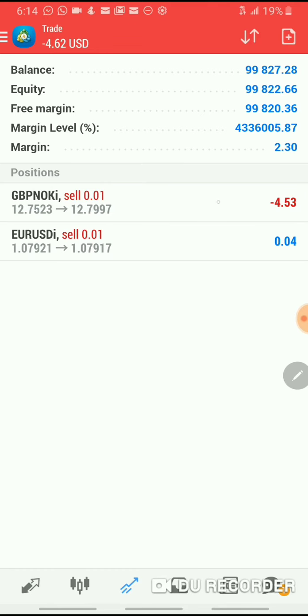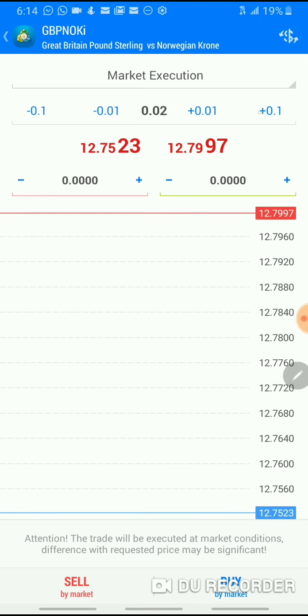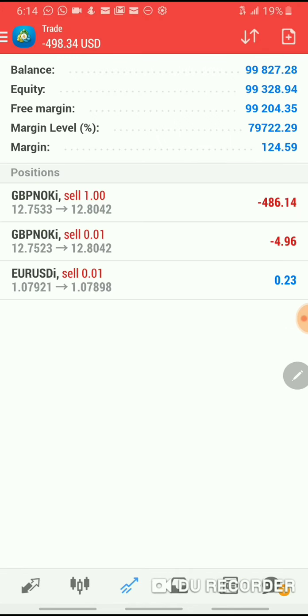So if I take a whole standard lot, if I take one lot trade on this, they're gonna put me in about a $400 loss automatically. All right, because of the spread. The spread is tremendously high. 400 and something dollars loss. So I hope this educates you guys to look out for the spreads in the market.